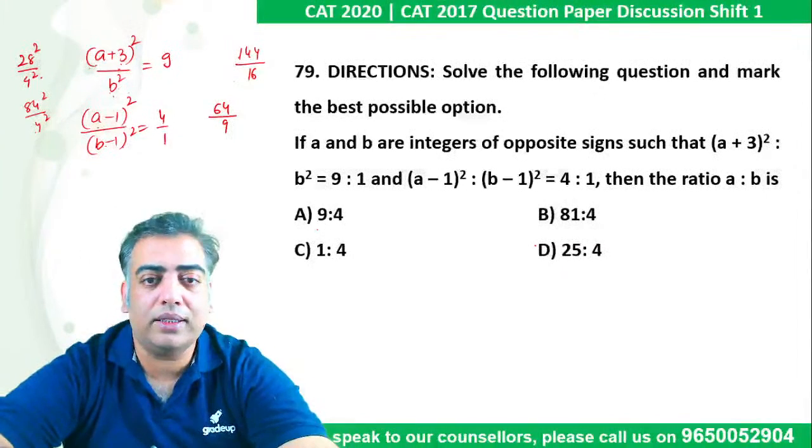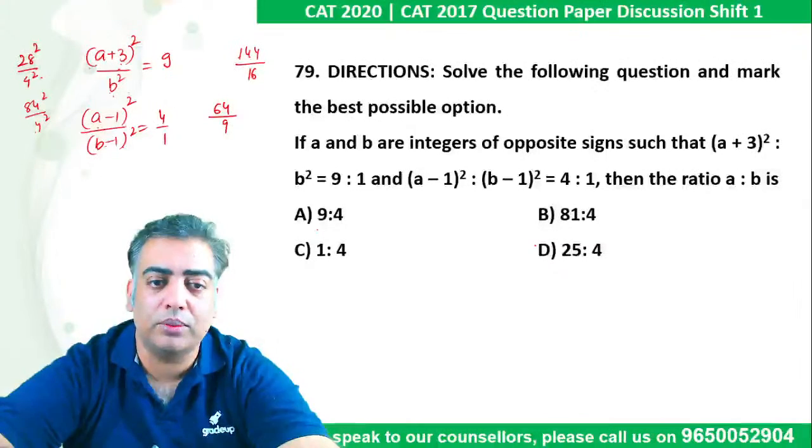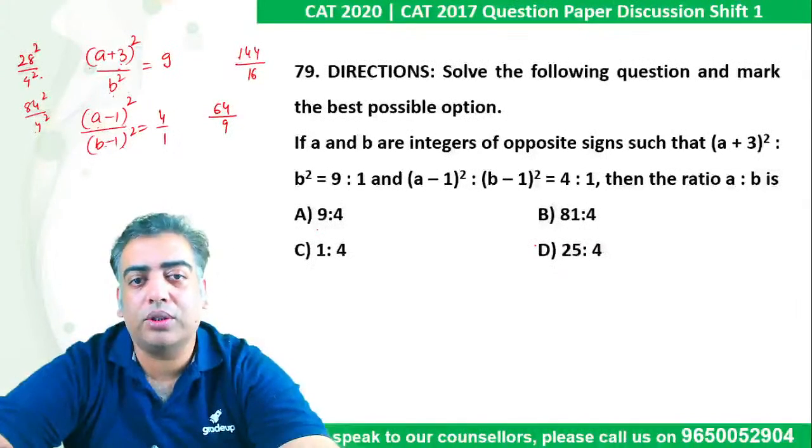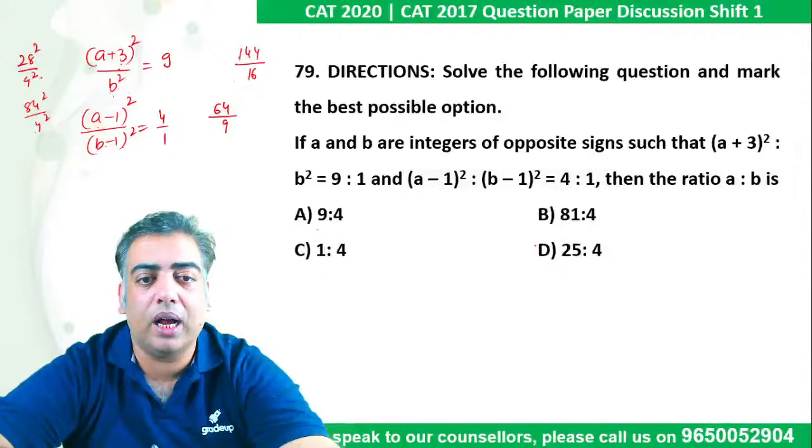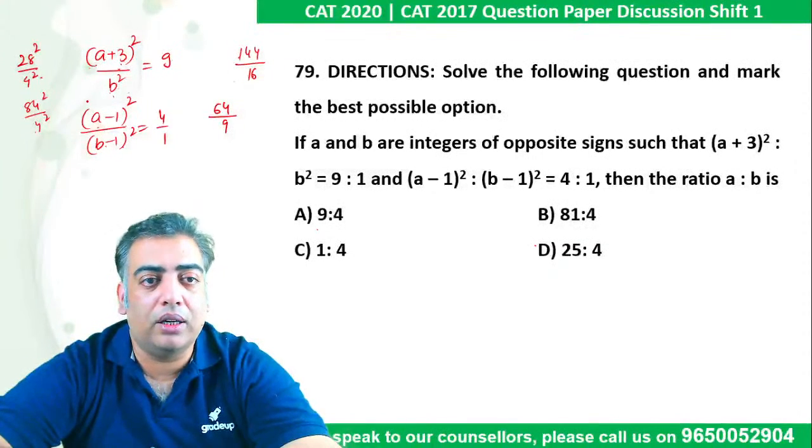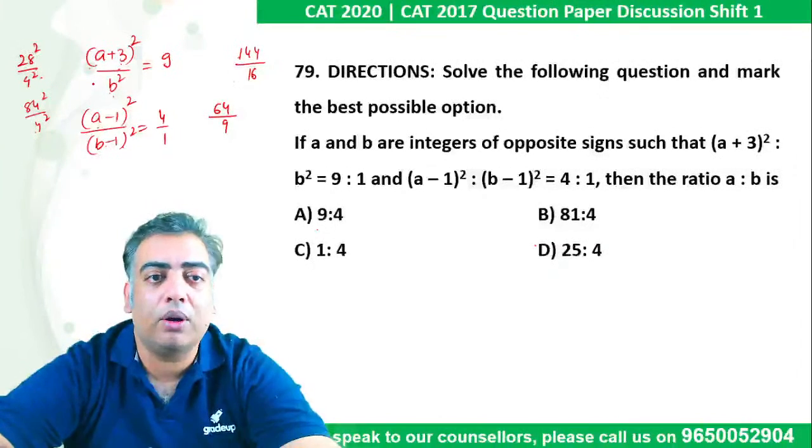So we can clearly see out of the answer options given to me, they are not working out straightaway because A and B are of different sign. That is the only problem here, that the value of A and B can be anything now. And because it is a ratio, answer options may or may not work straightaway.